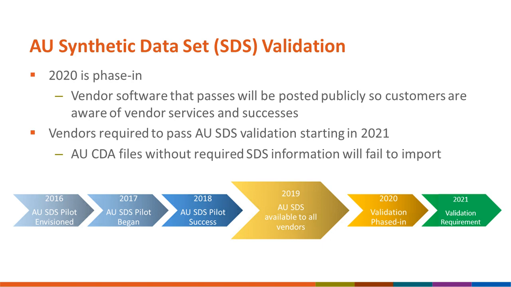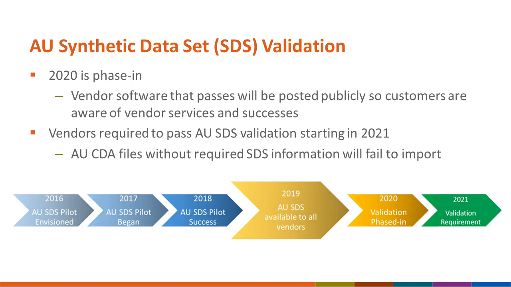Beginning in 2020, we'll be verifying success for vendors wanting to get a head start on the process. All verified vendors and their software will be posted on a public-facing NHSN webpage that will be available in the new year. This will allow current and future customers to be aware of vendor services and successes with respect to the NHSN AU option validation.